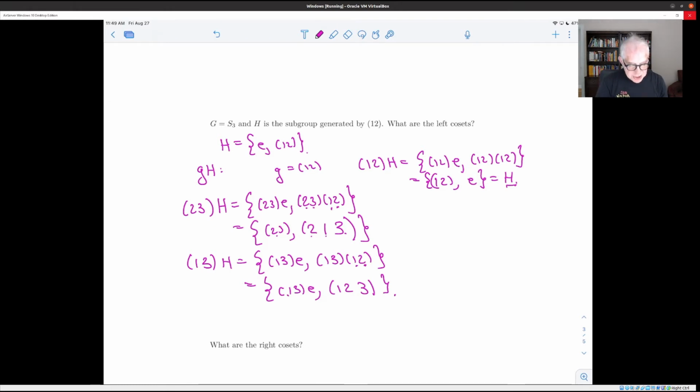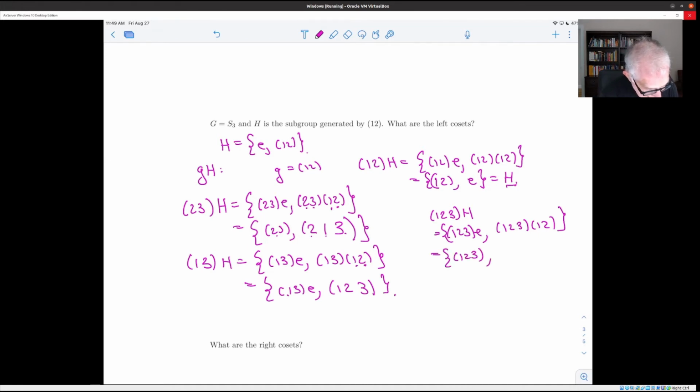What about the rotation? What if you multiply (1 2 3)H? Well, that's (1 2 3)E and (1 2 3)(1 2), which is (1 2 3).